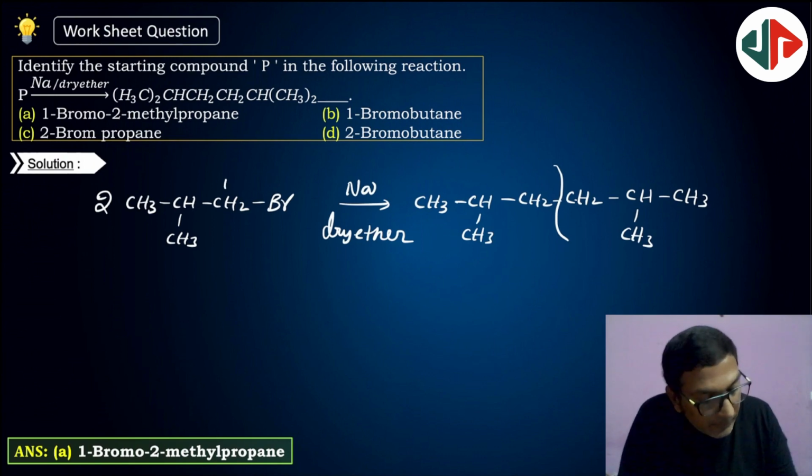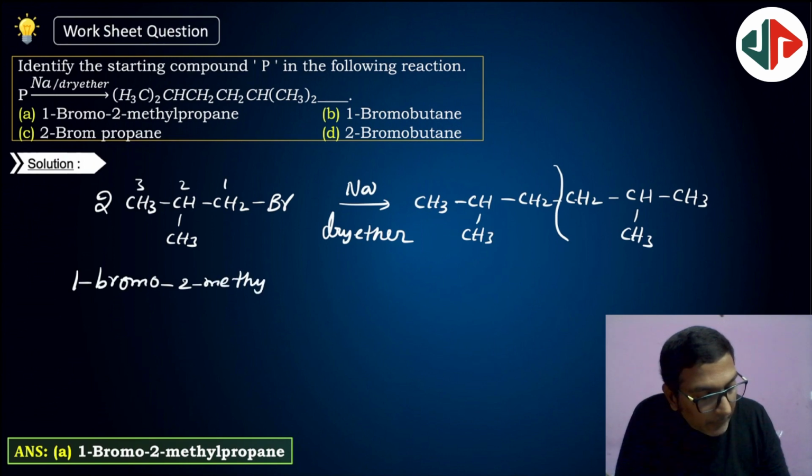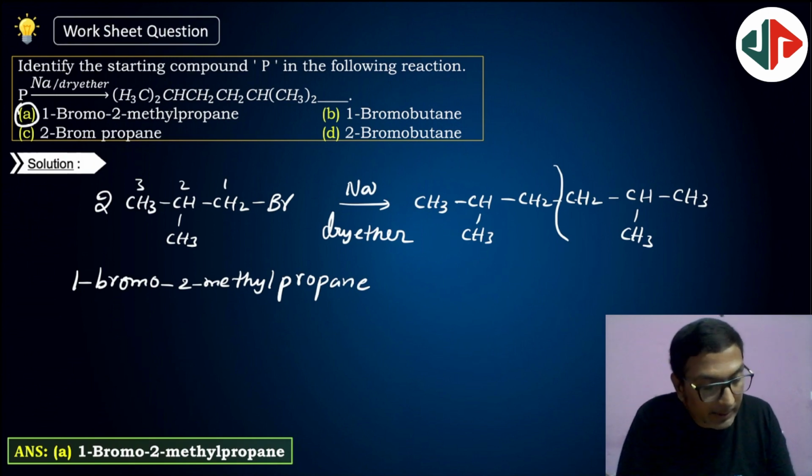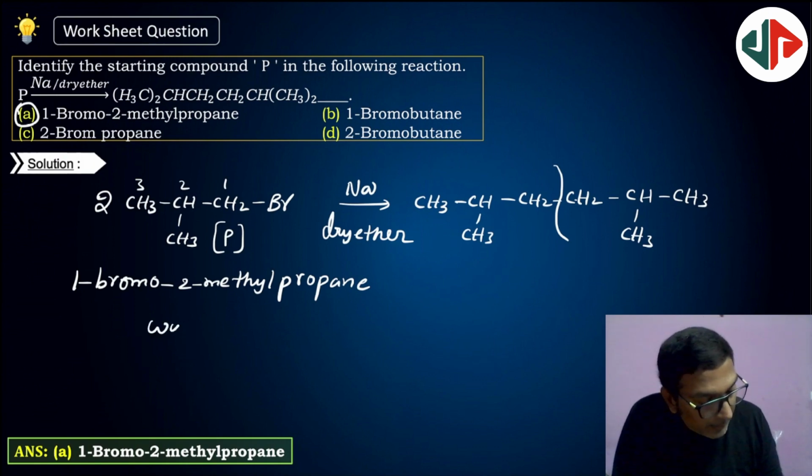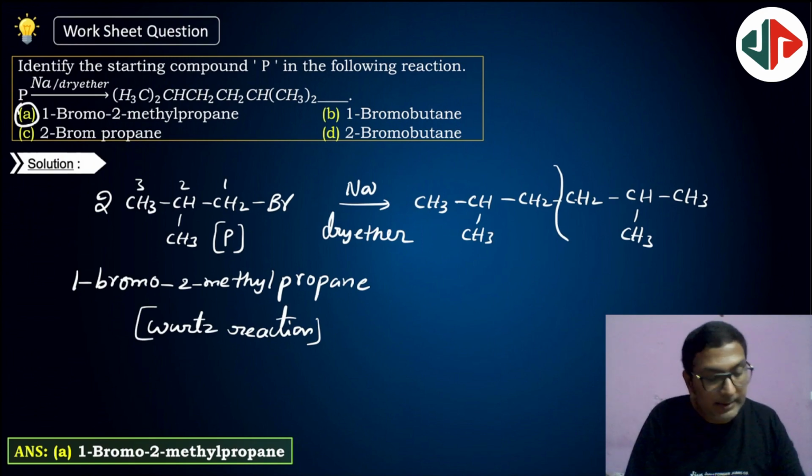So that is 1-bromo-2-methyl propane. So option A, the initial compound, starting compound P. Wurtz reaction. Next.